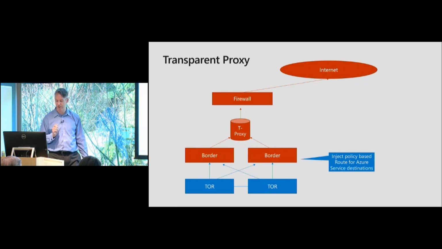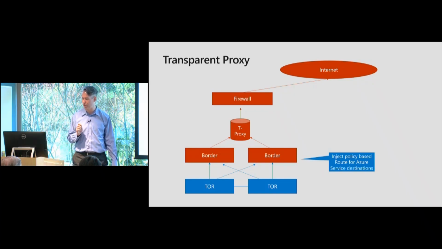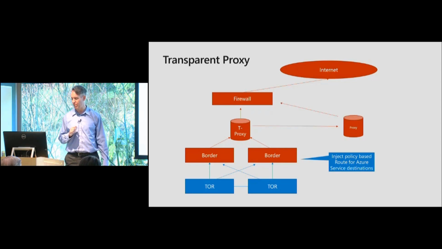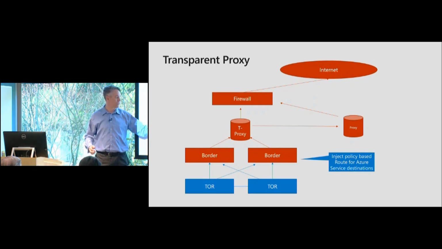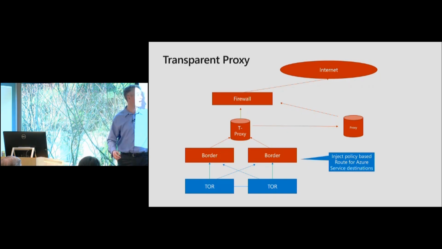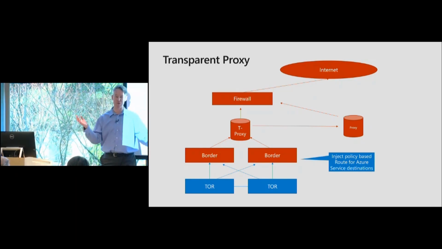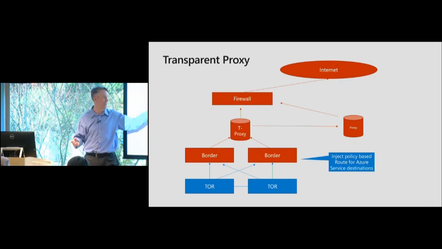What we've seen some customers do with that transparent proxy is they might have a non-transparent proxy, and they just insert some routes that say, when you're sending your traffic, you'd better route it through this transparent proxy. It's got rules in there that say, I'm going to forward it over to the real proxy that everybody else in the environment is using, and then it will go out through the regular proxy around the houses.